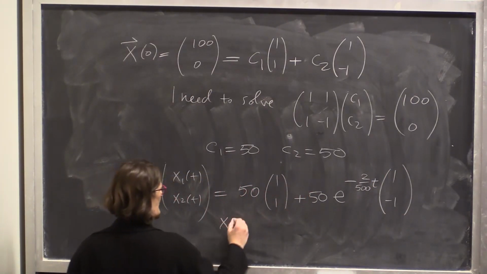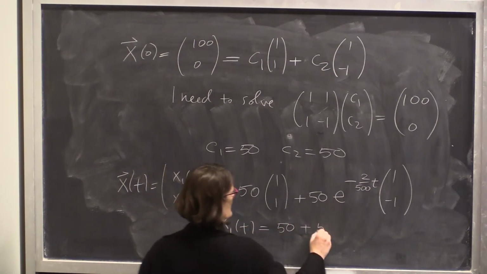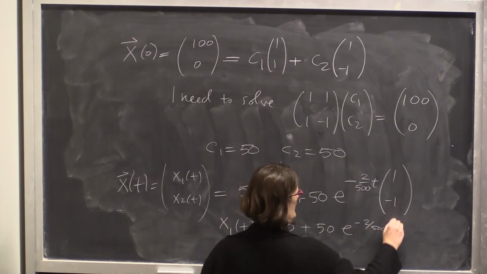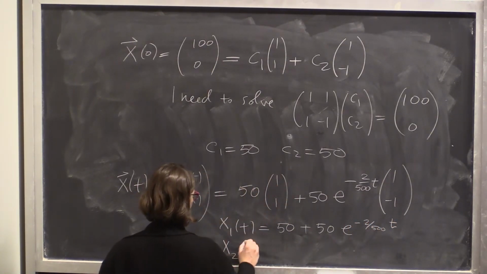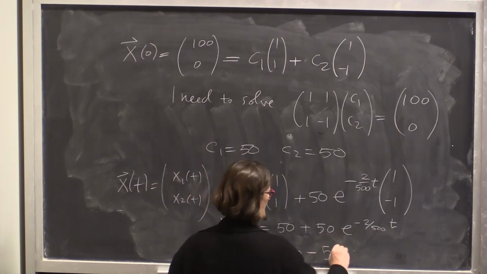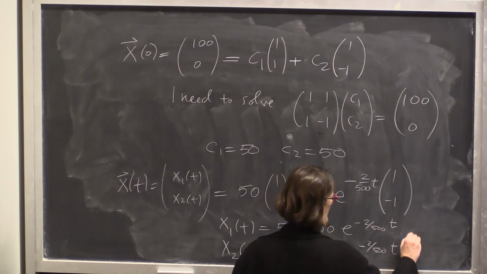So the amount of coffee in the kitchen is 50 plus 50 e to the minus 2 over 500 t. And the amount of coffee in the lounge is 50 minus 50 e to the minus 2 over 500 t.